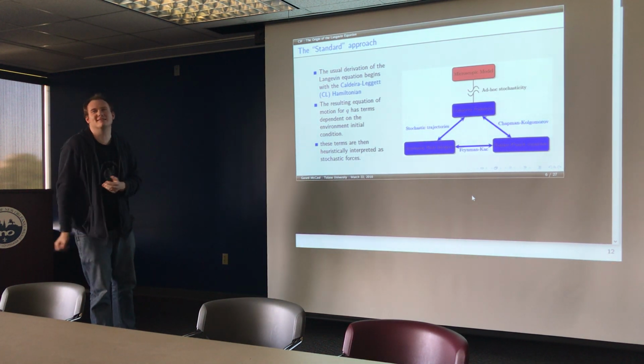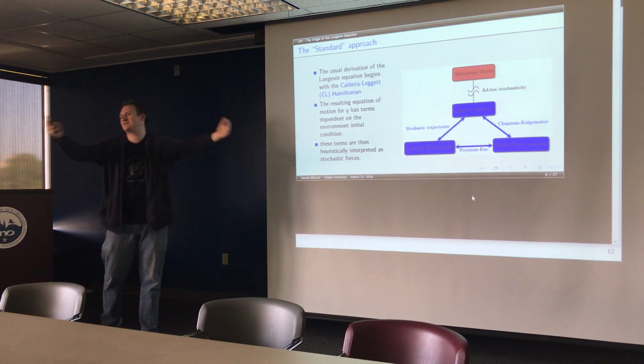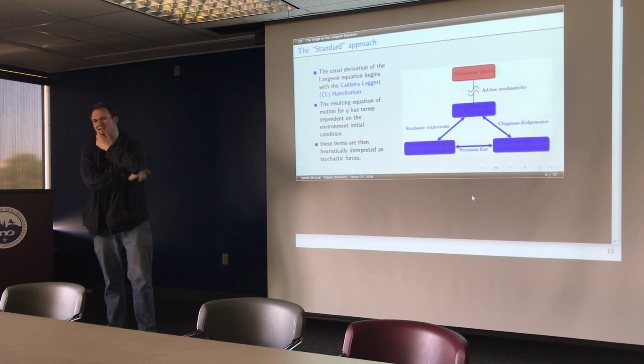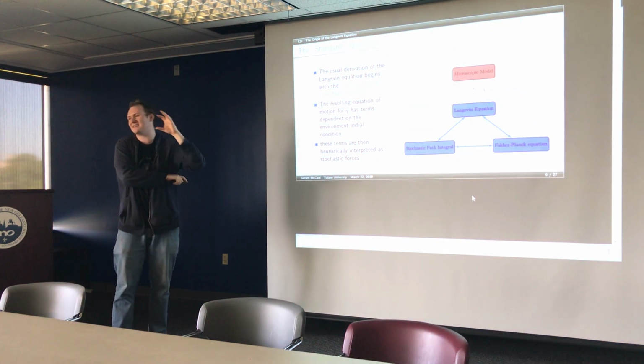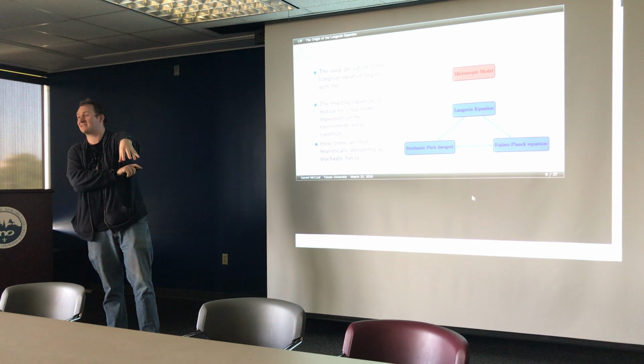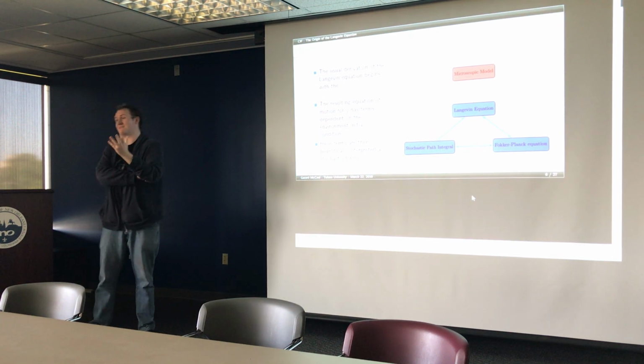Once you do that, you essentially cheat a little bit. You say, because I've got these huge terms, big products, I'm going to assume they're statistically simple. I'm going to insert by hand a statistical term, because I don't know the initial condition of my environment.